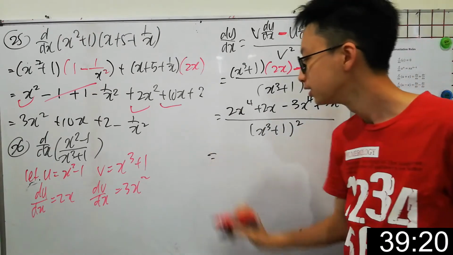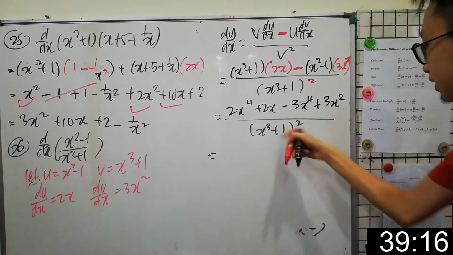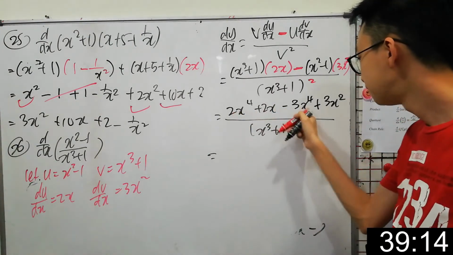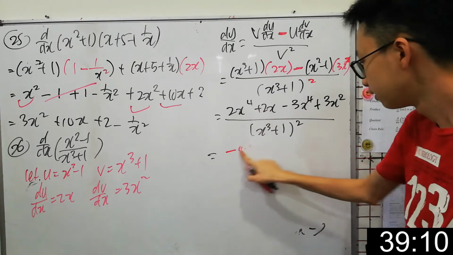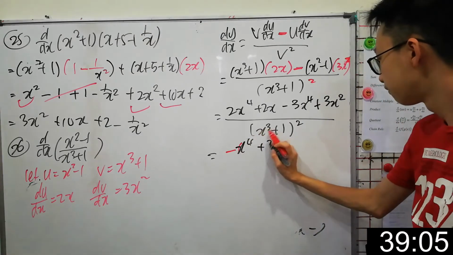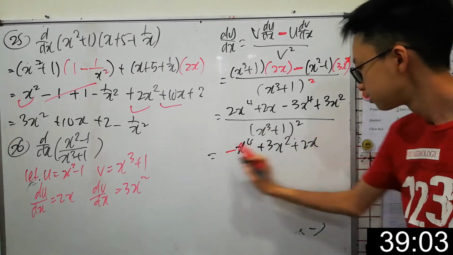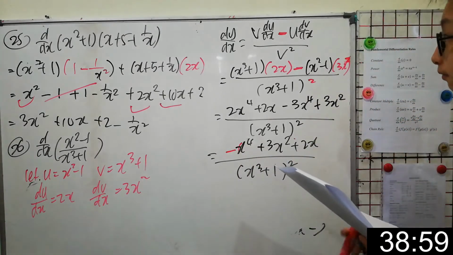So for this question, we can see that we actually cannot cancel with any terms on top, right? So just leave it. Okay, 2 minus 3 is negative 1 x to the 4th, then plus 3x squared plus 2x over x cubed plus 1 squared. Okay, this is number 26.